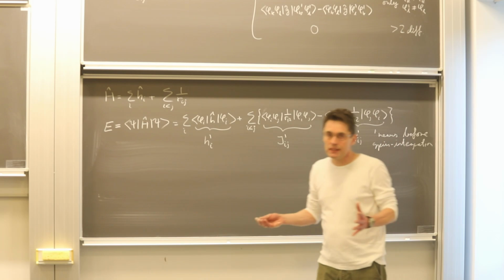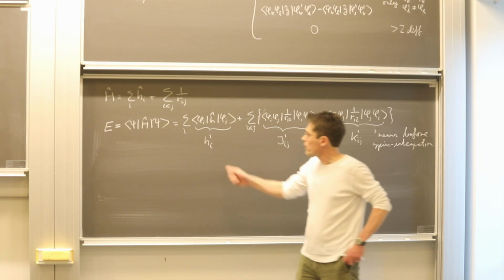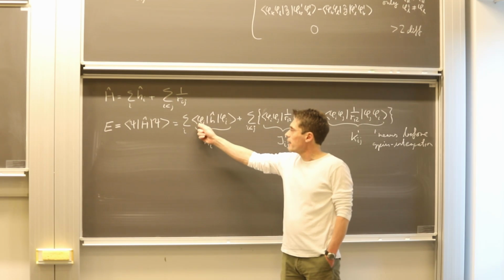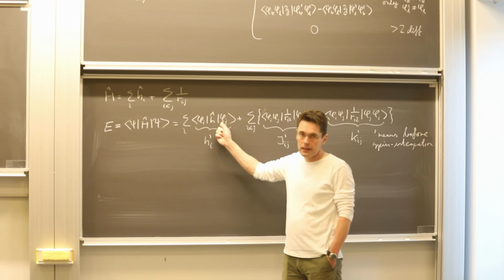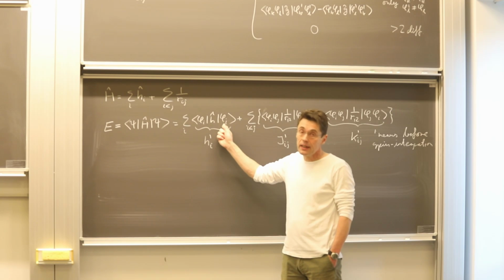And spin integration sounds fancy, but it is very simple. It's just looking at the two orbitals, in this case for instance, and then if the two spin parts here are the same, I get a 1 from spin integration. If they're different, I get 0.